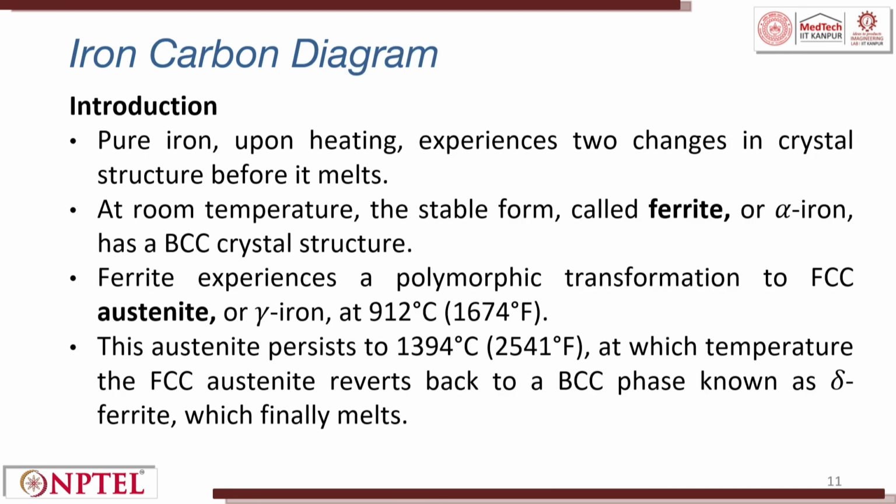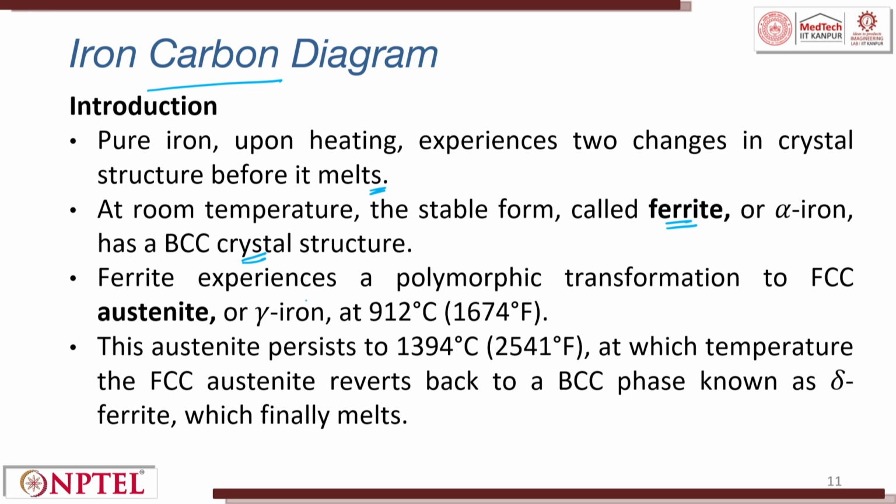Now, let us move to the iron carbide diagram. Pure iron upon heating experiences two changes in crystal structure before it melts. At room temperature, the stable form called ferrite or alpha iron has a BCC structure. As the temperature goes higher, the crystal structure also changes.